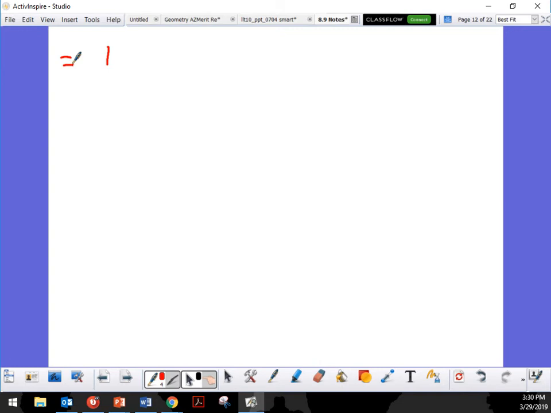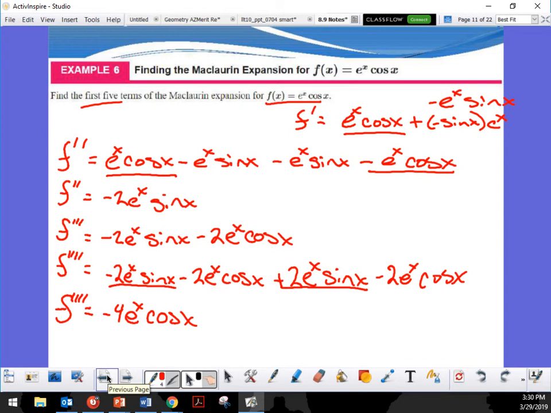Okay, so the next one is going to be, let's see. So the first derivative is going to be 1, right? So right here, so 0. Okay, so this one's going to be 0. This one is, so 1 and 1, right? So this is 1. That piece is 1.